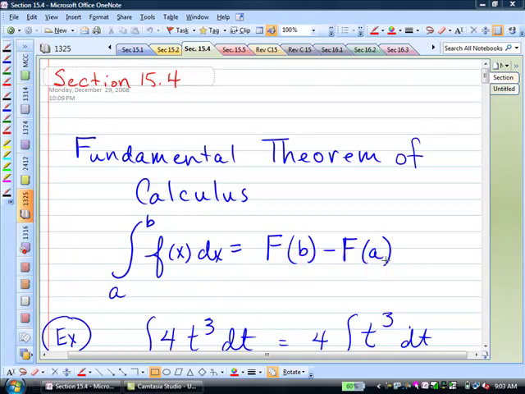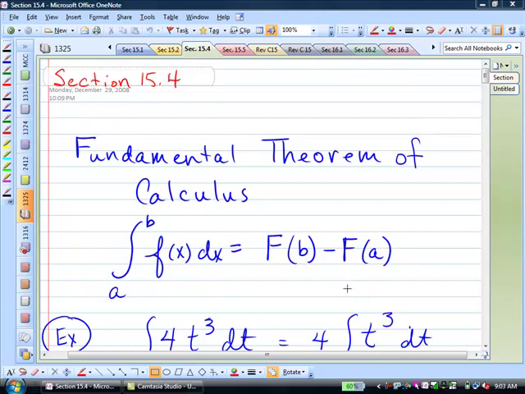So you're going to find the integral, you're going to do your integration, and then you're going to plug in this number, you're going to plug in this number, subtract b minus a, and that will give you the integral at a particular limit area. Okay? Fundamental theorem of calculus.